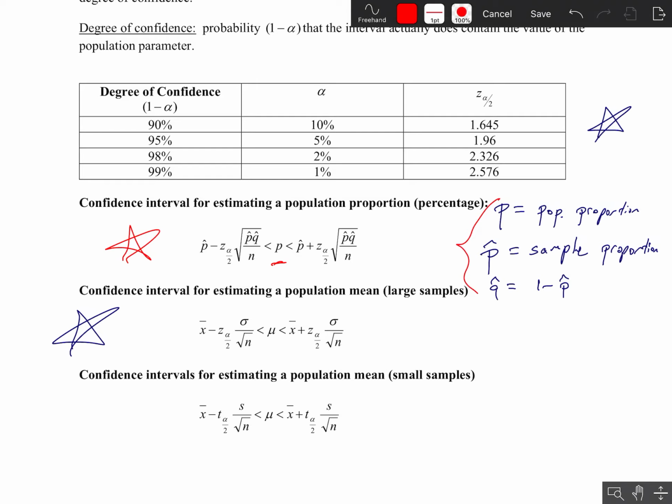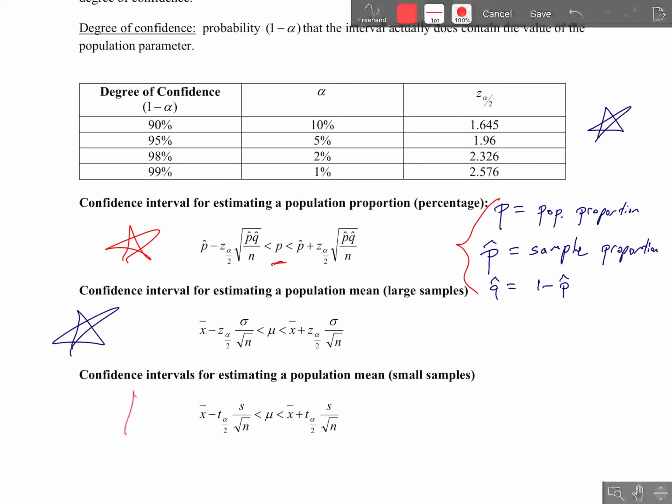And there's also a Q hat that appears in this formula. The Q hat is just 1 minus P hat. So for example, if P hat represents the proportion of right-handed people, Q hat would represent the proportion of left-handed people. It's just the rest of the people. Okay, so that's one formula that we'll use in this section.